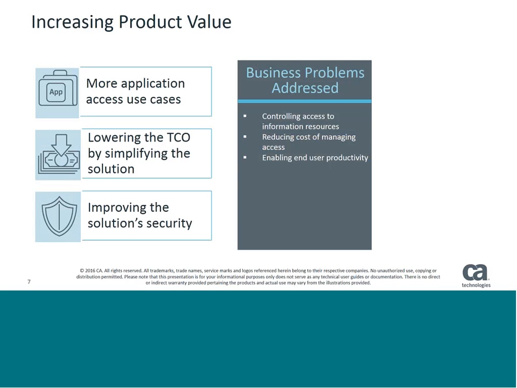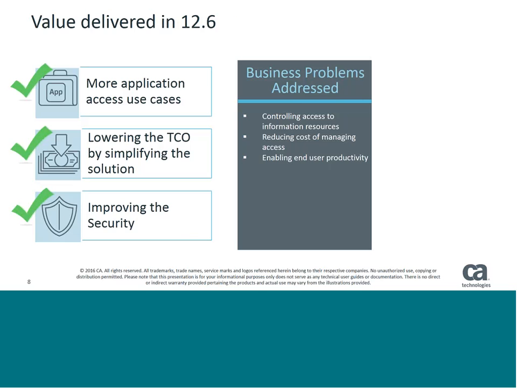And finally, because part of what we do is deliver security, we want to continue to look for ways to improve the solution's overall security posture. Those are the three key elements of what we're trying to achieve, and in the 12.6 release, you'll see aspects of all three of these delivered as part of that release.